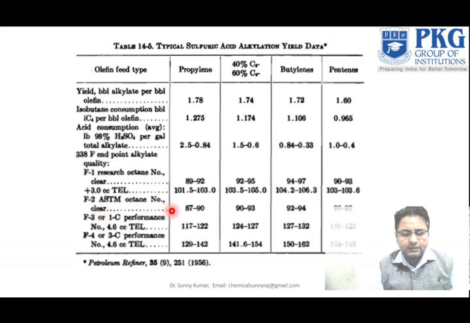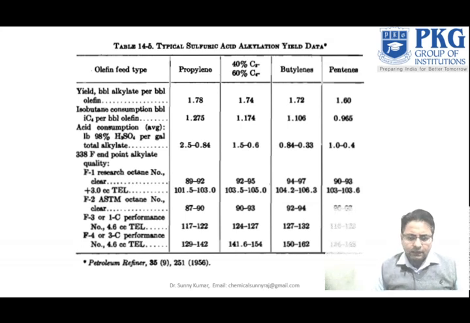The F2 ASTM octane number is 87 to 90, 90 to 93, 92 to 94, and 90 to 92, and F3 is 117 to 122, 124 to 127, 127 to 132 for butylene, and 116 to 123.